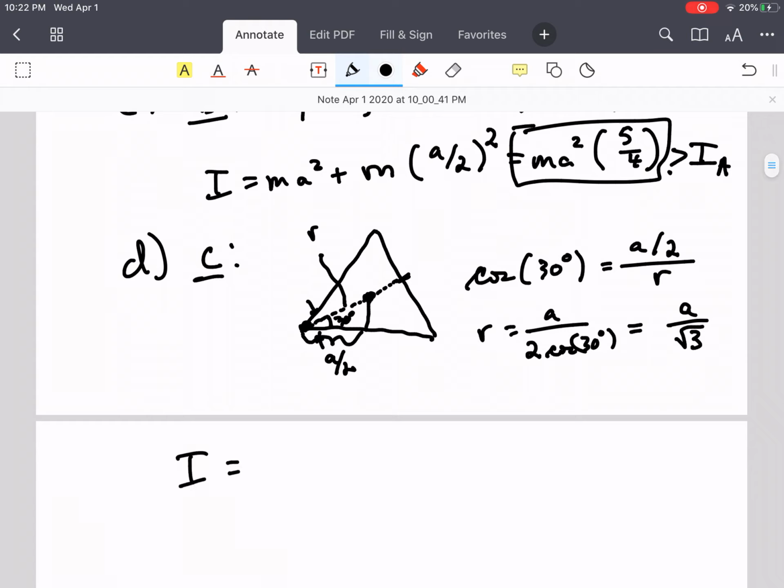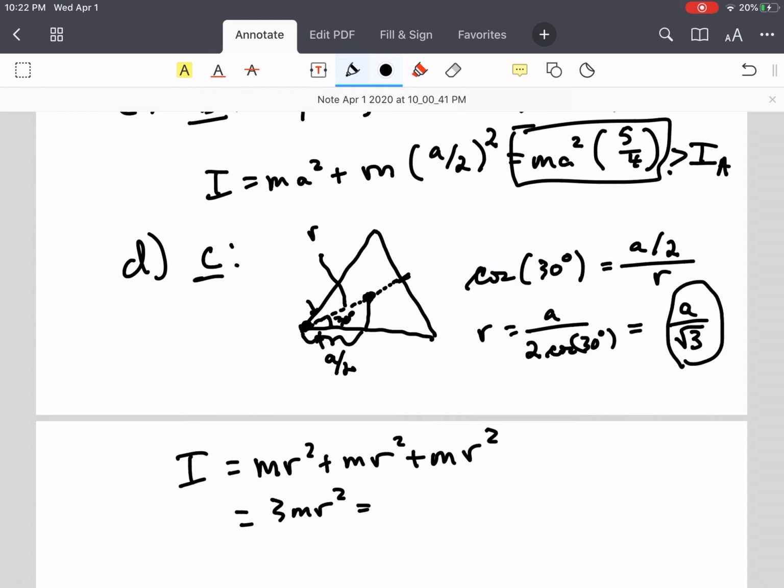So I is just m1 times r1 squared plus m2 times r2 squared plus m3 times r3 squared. All the m's and the r's are the same, so it's 3mr squared. And now just plugging in that r is a over root 3, this is 3m times a squared divided by 3, or just ma squared.